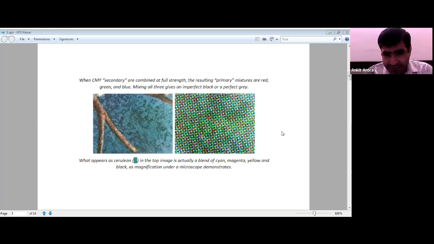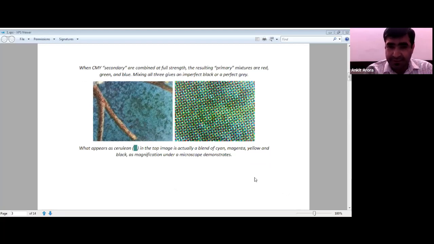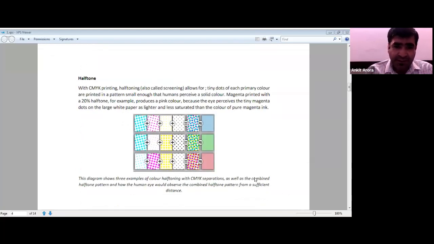If you see the differences, how the mixing of colors is and how the image is there, it is basically a magnified image under a microscope. You see how different color tones are created, and subsequently you have something known as halftones. I'm sure you must have heard about it.